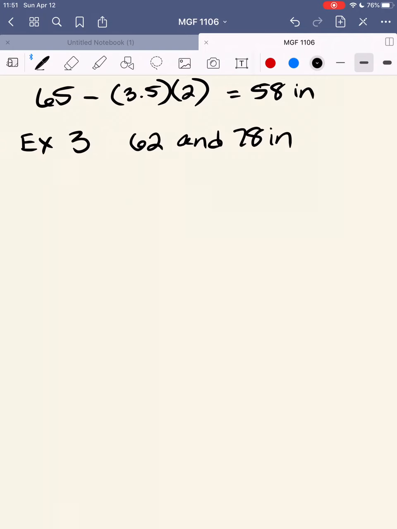Now 1 standard deviation below is 66. 2 standard deviations below is 62. So this is 2 below. 78 is 2 above. Remember, we're looking at my rules, so this is my 95% rule. So 95% of men with heights of 62 to 78 inches, 95% of my data is going to fall within that.